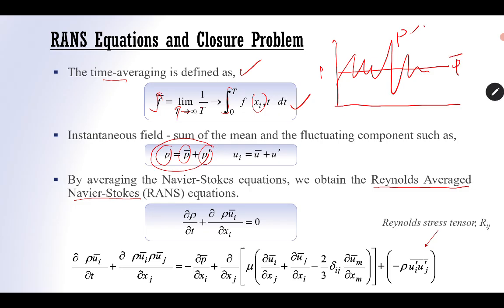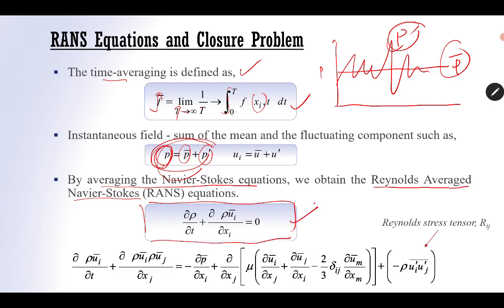So we calculate P as P fluctuation plus P average. So we can use this Reynolds averaged pressure to calculate in the simulation. By using this, we substitute into the equation, and then we have the averaging of the equation in this form.